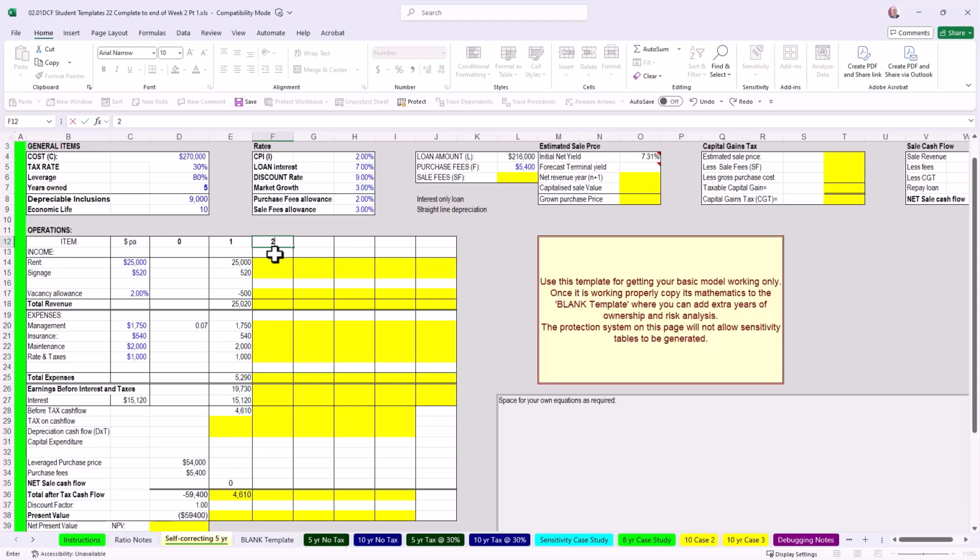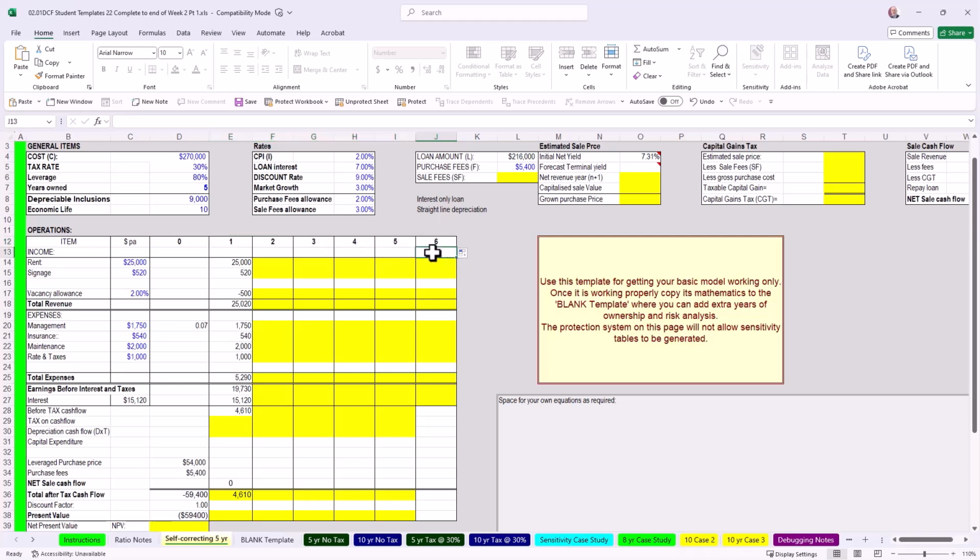Okay, first thing we're going to need to do is to set up our cash flow table, if you like. We do that by simply writing in the numbers of the years. You'll notice here I'm going across to year 6. Now, in our model, we're only doing it for 5 years.